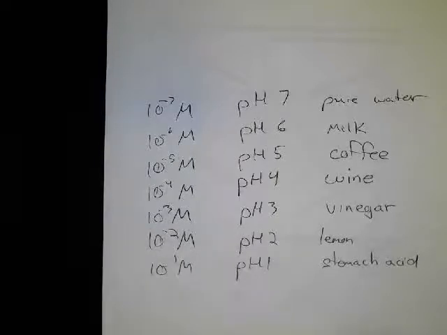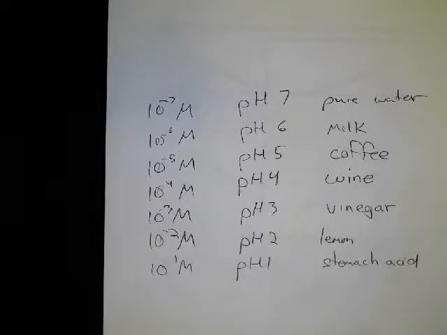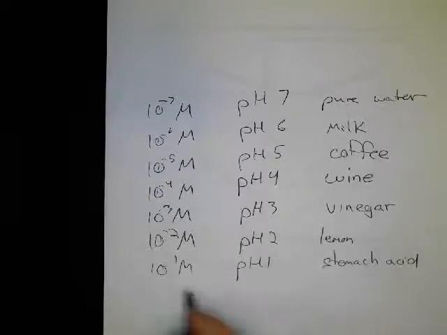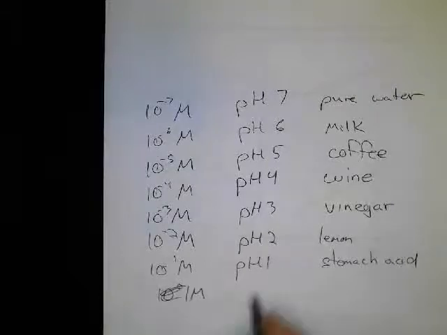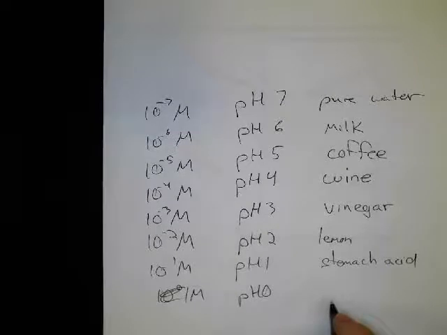And then like the acid we use in lab. Now you can obviously dilute acids or concentrate acids in the lab, but like 10 to the 0 molar or like 1 molar would be like a pH 0, and that's like a strong HCl solution.